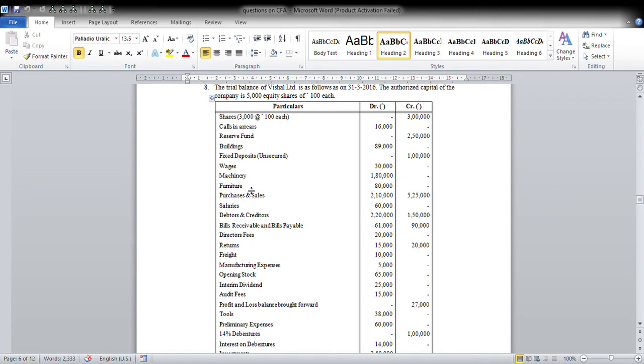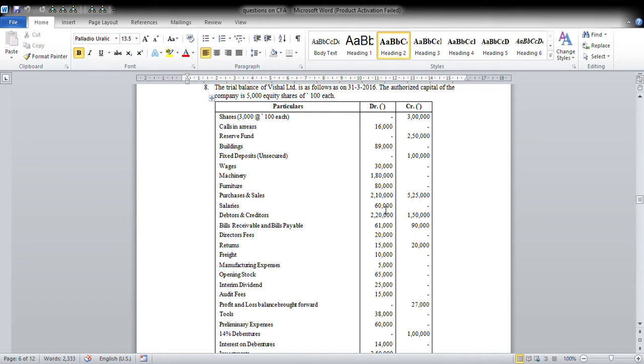Then followed by, we have wages. So wages will be taken under the employee benefits. Then we have machinery, followed by the furniture. So the machinery and furniture are very much a part of the tangible fixed assets. Therefore it is to be taken into the balance sheet onto the assets side. Then we have purchases, followed by the sales.